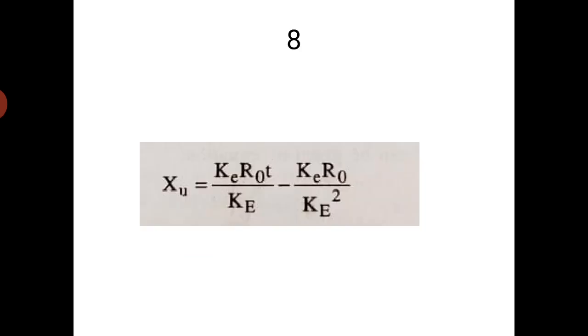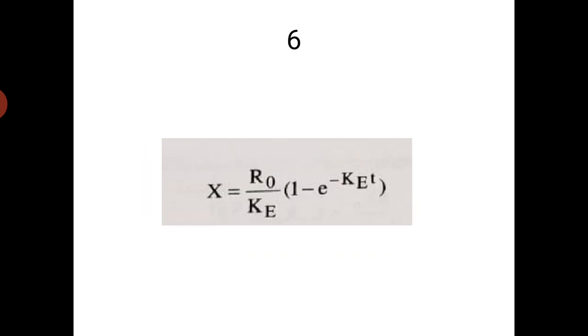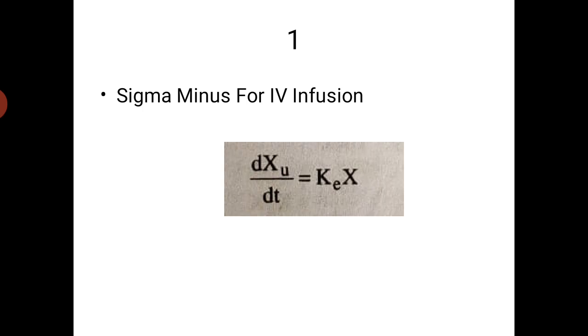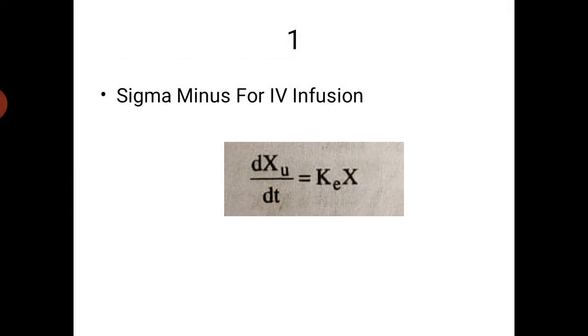Let us see once again. In case of IV infusion, the general equation is dXu by dt equal to Ke X. Instead of X, you have to substitute R0 by K into 1 minus e raised to minus Kt, and you integrate.